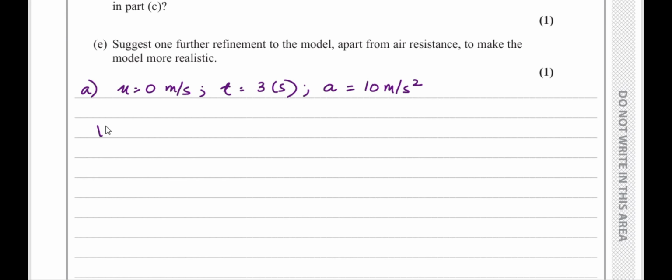Therefore, using the equation v equals u plus a t, we can write v equals 0 plus 10 times 3, equal to 30 meters per second.